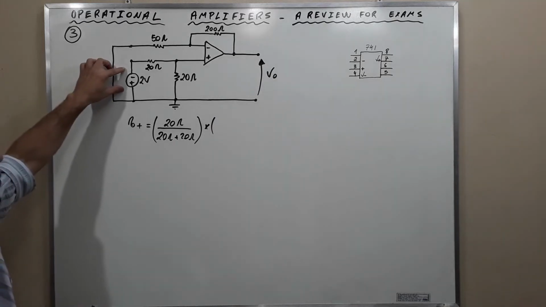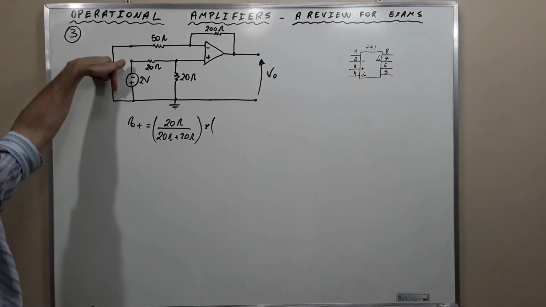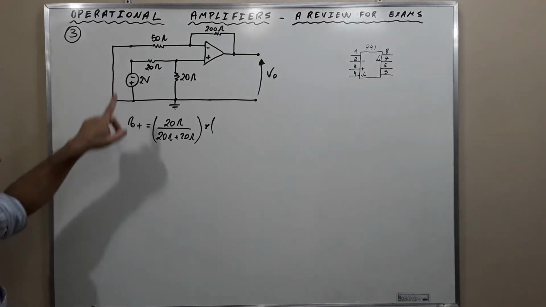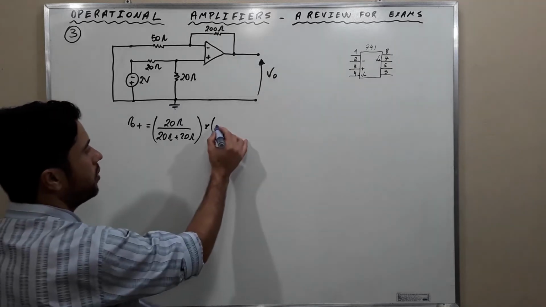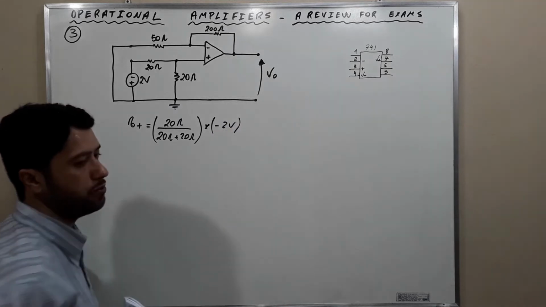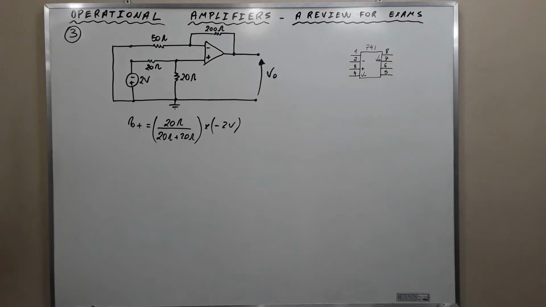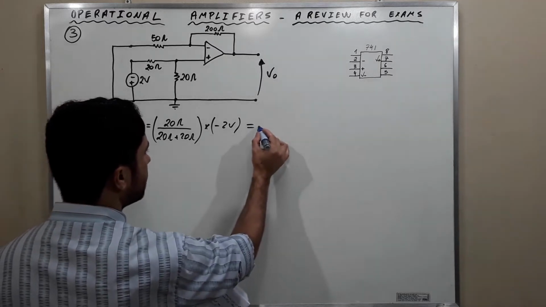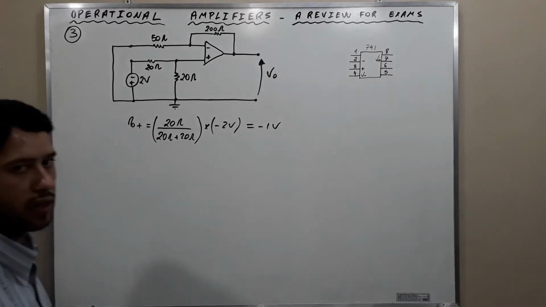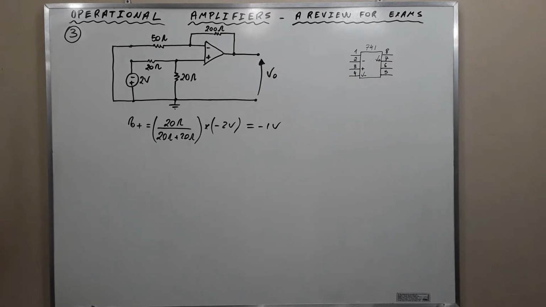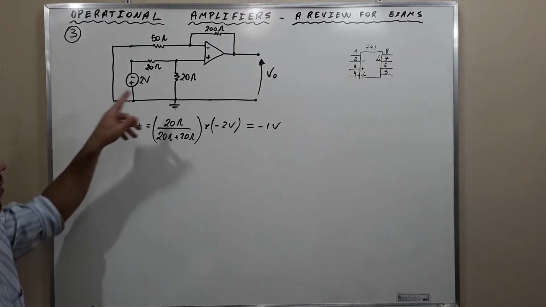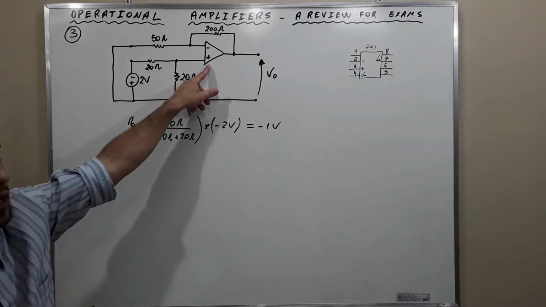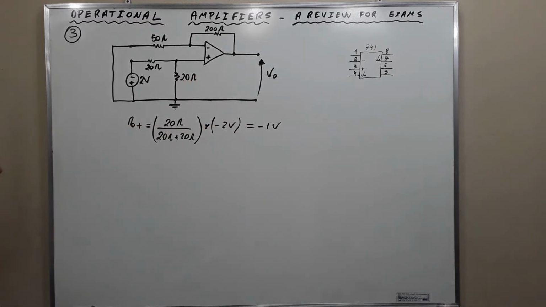But here observe that the voltage is downwards instead of upwards. Then it is going to be negative 2 volts. Okay? Could you guys understand? And if we carry out, we find that it is negative 1 volts. Alright? So, it is not 2 volts that is being applied here. It is negative 1 volts.